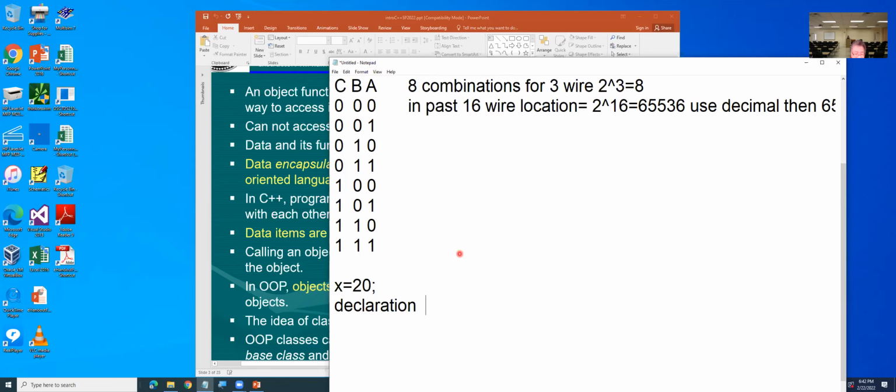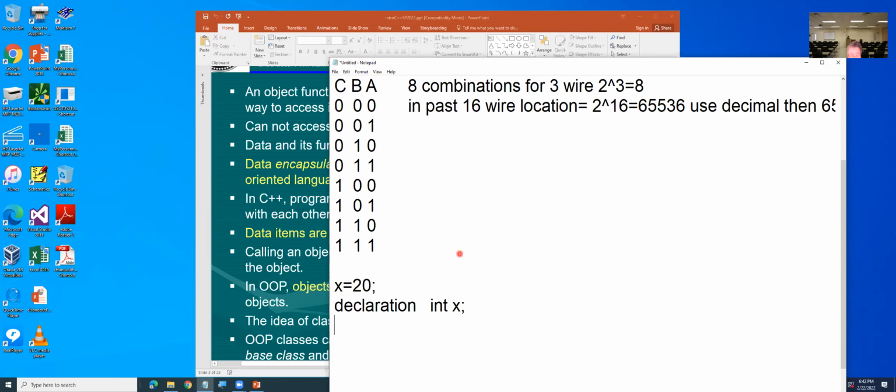That means you have to say int I. Then now they understand. Int means integer. You want to tell the computer, I want location I, and it will contain an integer.